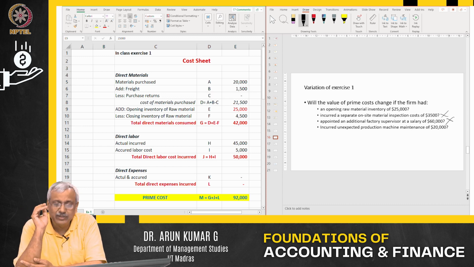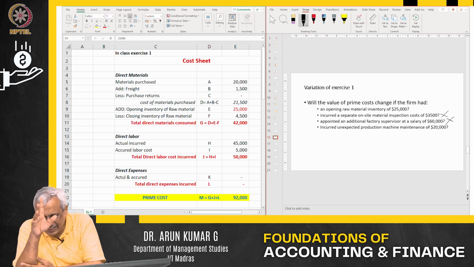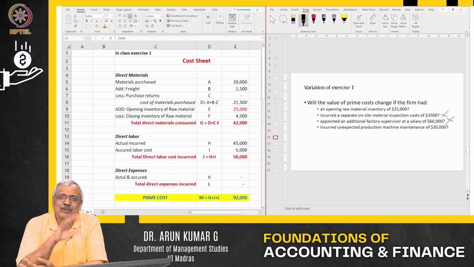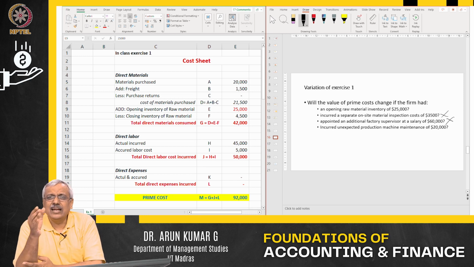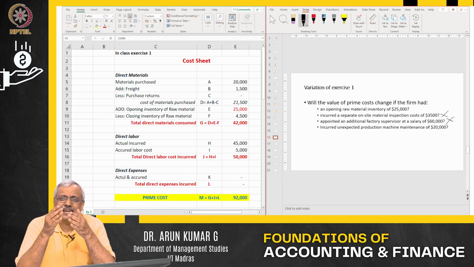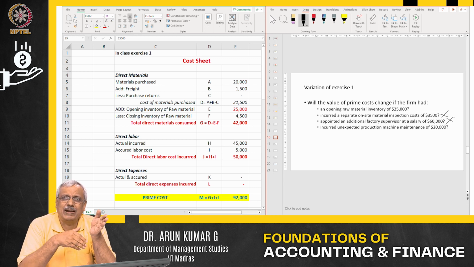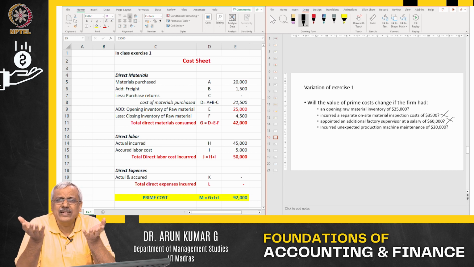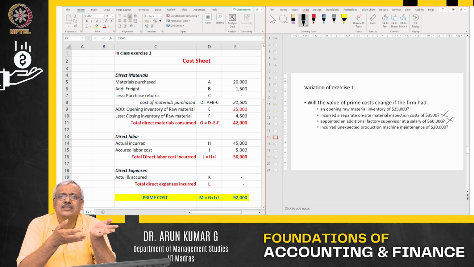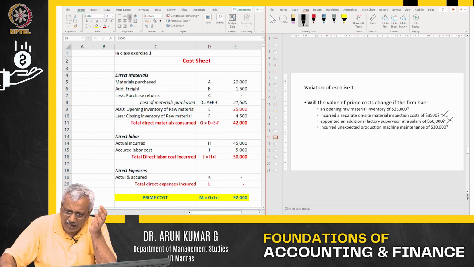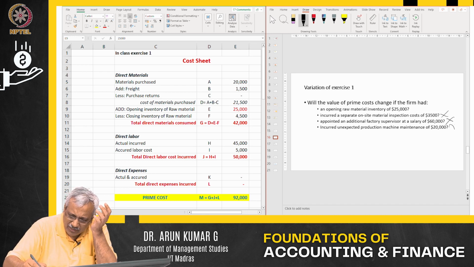But does it have a linear relationship? Output can vary with the maintenance, so output and maintenance of the machine need not go together, need not be linear. So this also does not affect.